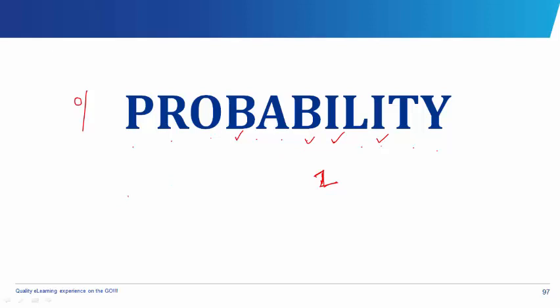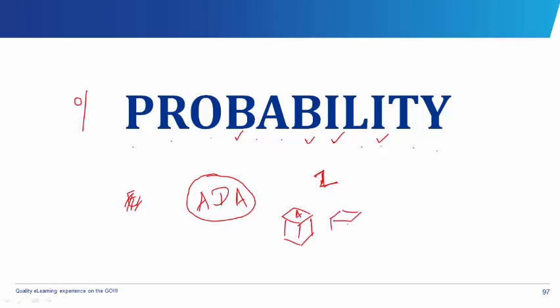Now, let's look at a word like ADA, Ada, and they are told to choose randomly. Okay, or let's say we have 3 boxes. One is labeled A, and we have another box here.